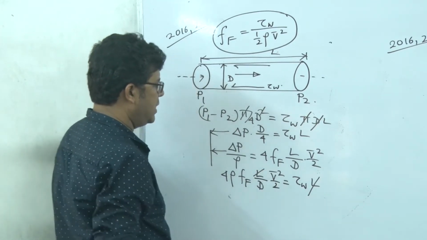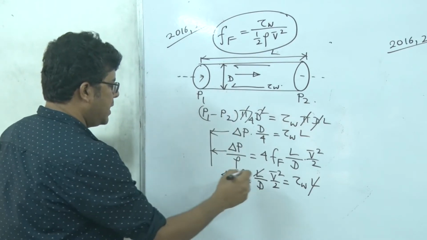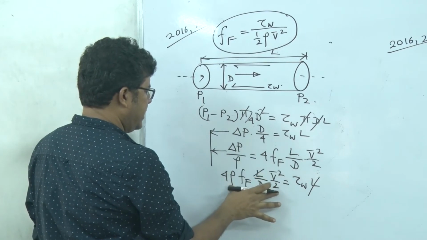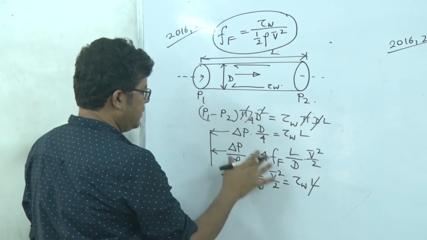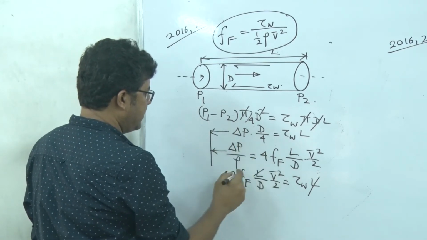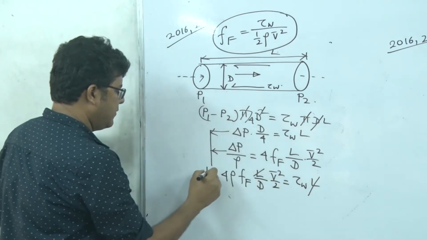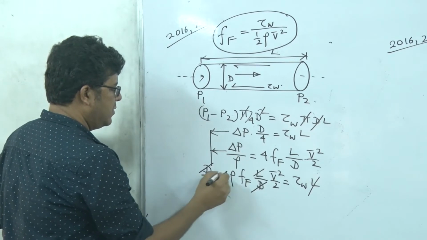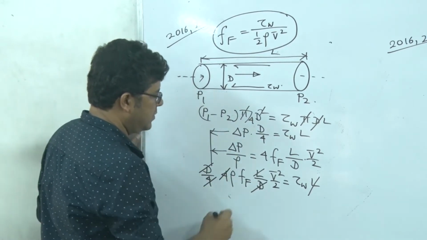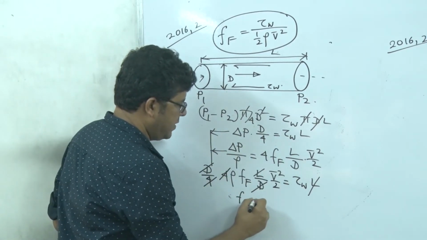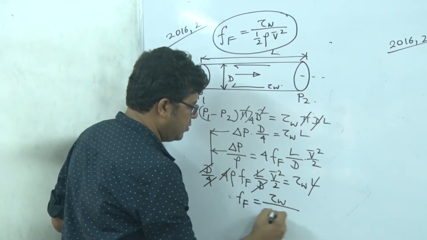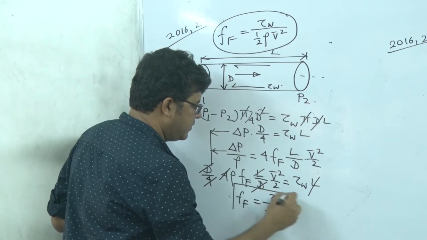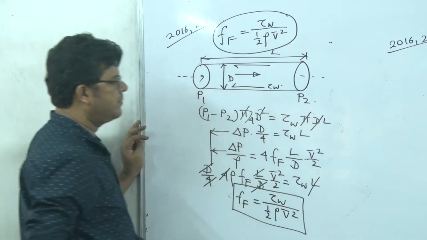Then the d cancels out, 4 cancels out, so Ff becomes tau W divided by half rho V bar square. So this has been established.